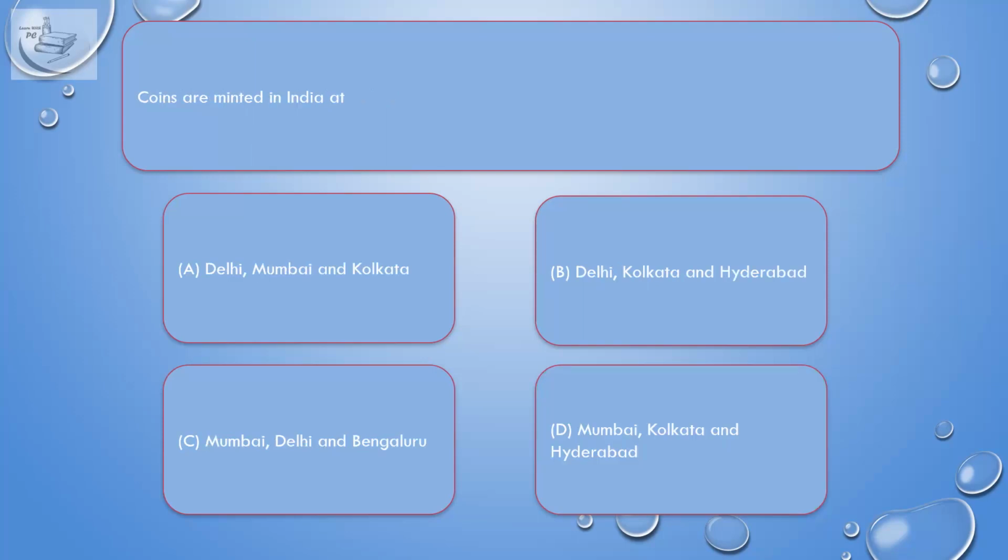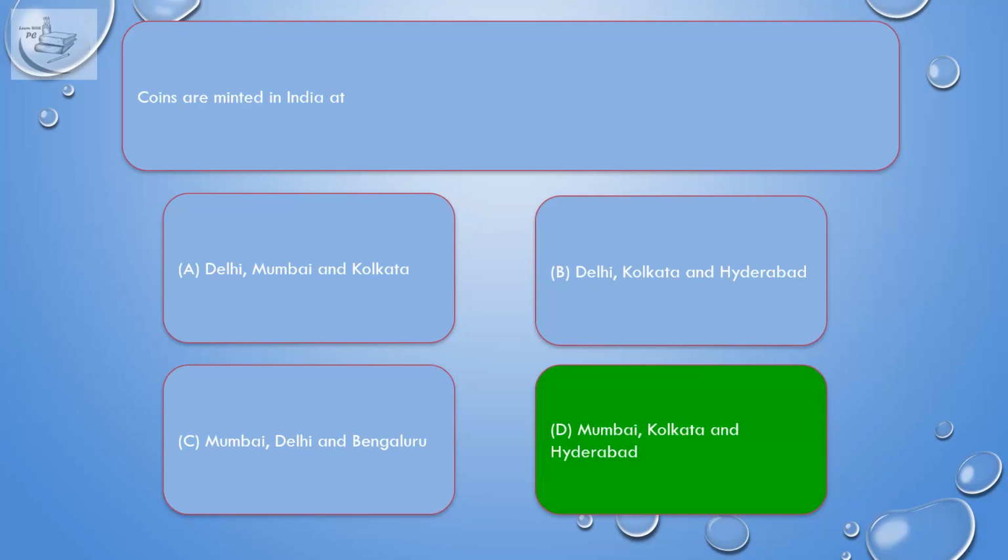Question: Coins are minted in India at A. Delhi, Mumbai and Kolkata, B. Delhi, Kolkata and Hyderabad, C. Mumbai, Delhi and Bengaluru, D. Mumbai, Kolkata and Hyderabad. Correct answer is D. Mumbai, Kolkata and Hyderabad.